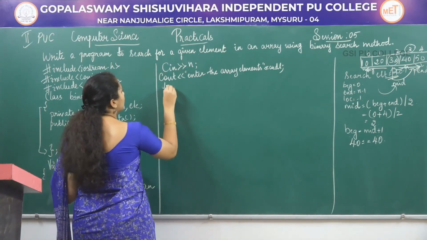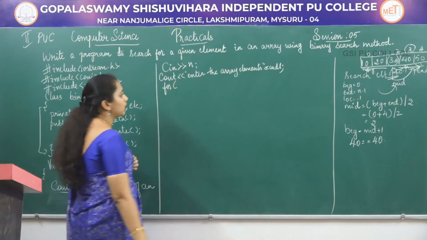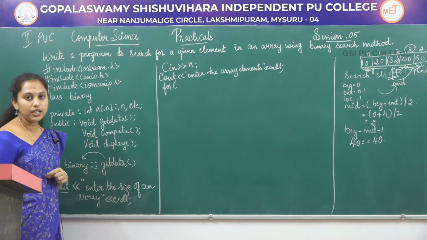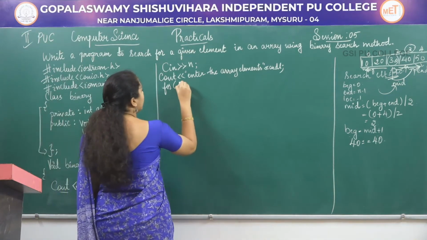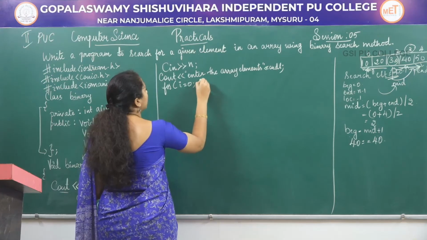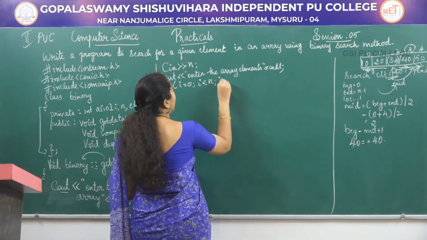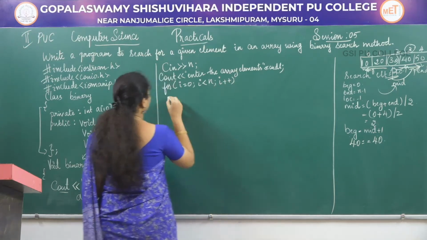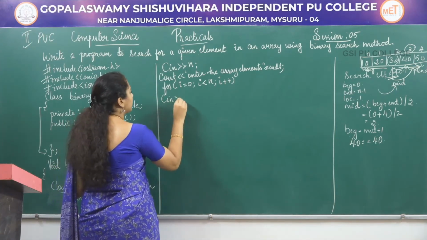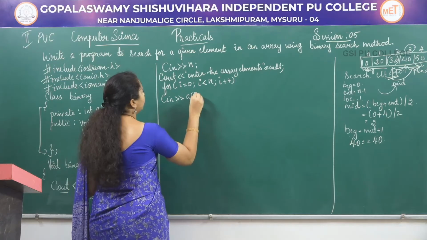So using for loop, we are going to enter the array elements one by one. For i is equal to 0, i less than n, i plus plus, cin a of i.